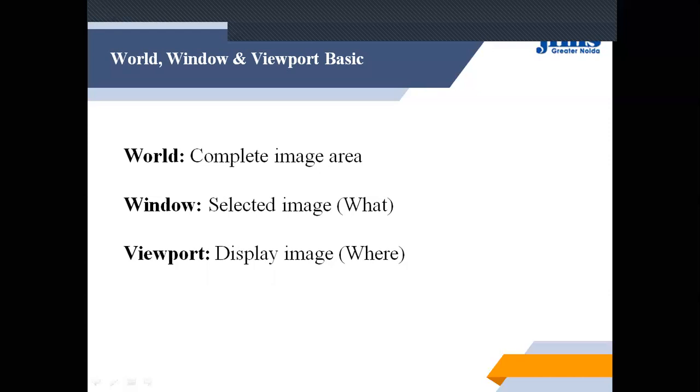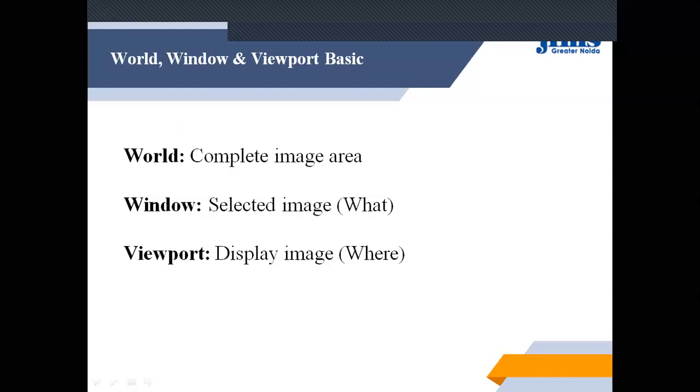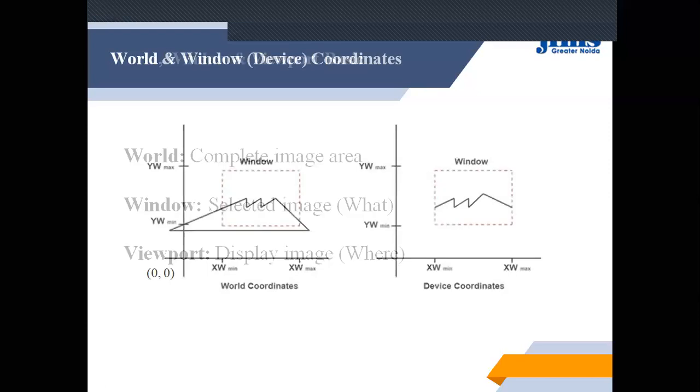So the world is, in the broad sense, all the background of the image. Window is the part of the image that we have to see. And viewport means where we have to show that image. So the size of the window and viewport can be different. We will discuss this in a moment.